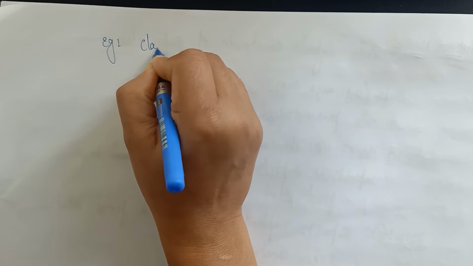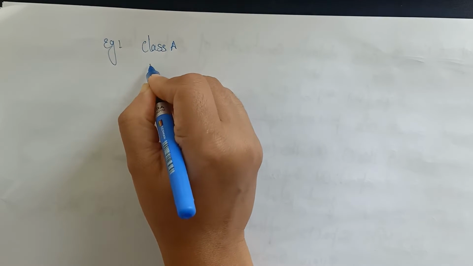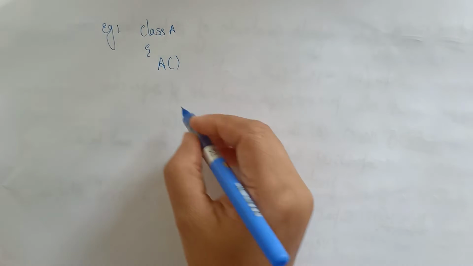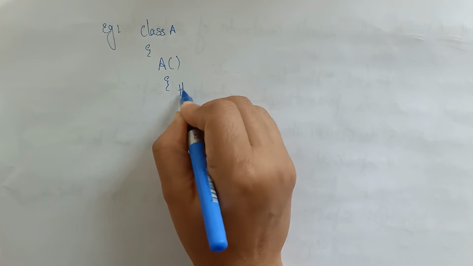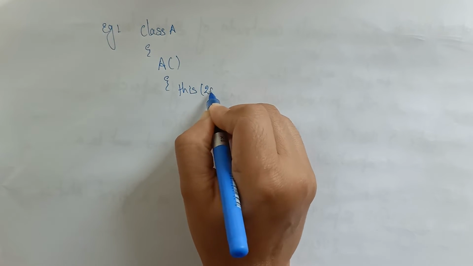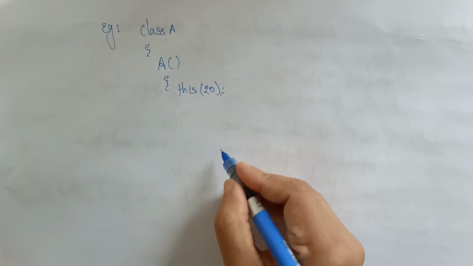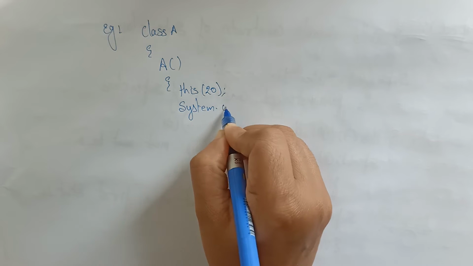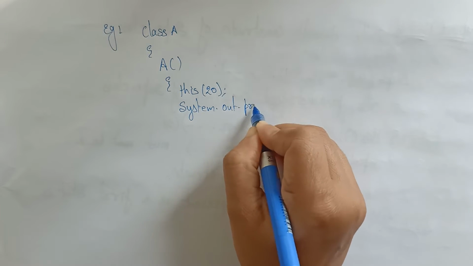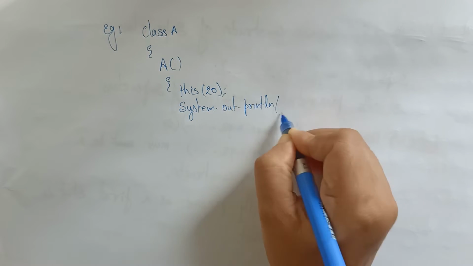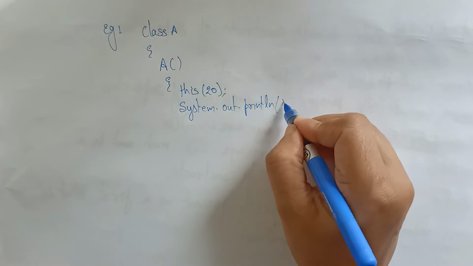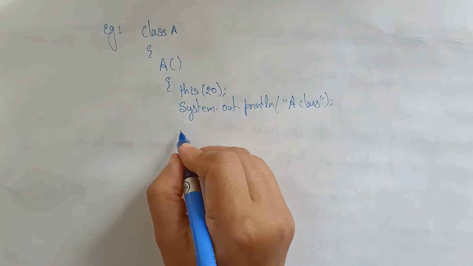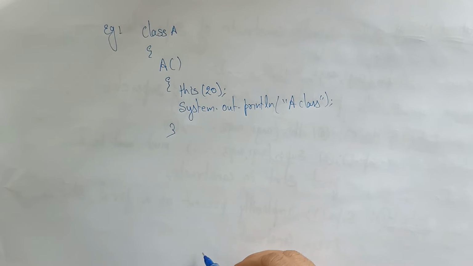So let's take a class A. A default constructor A. Here I'm using this keyword parameterized with value. System.out.println. Let's print A class.